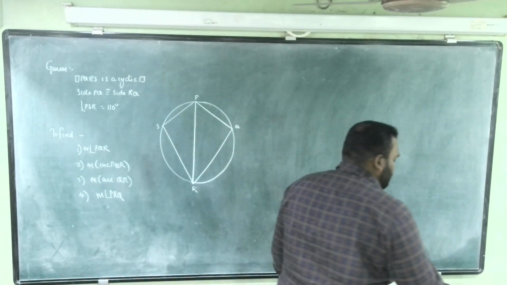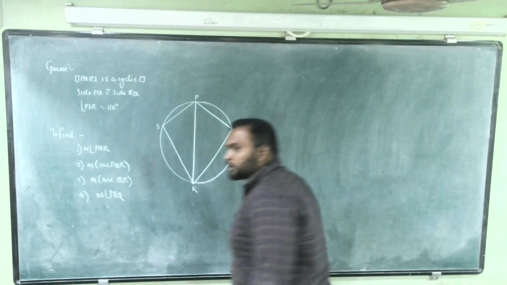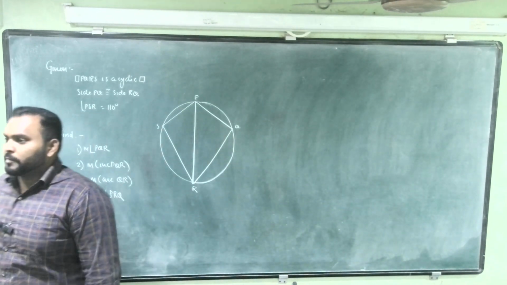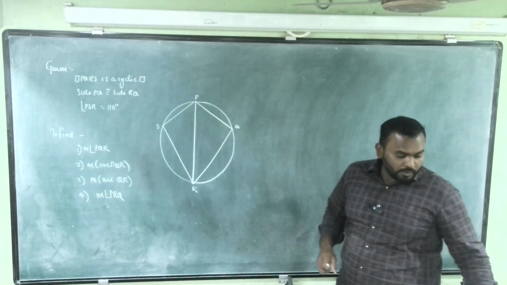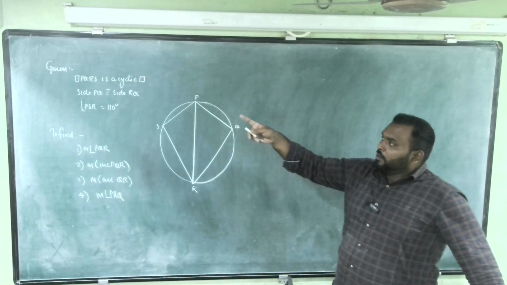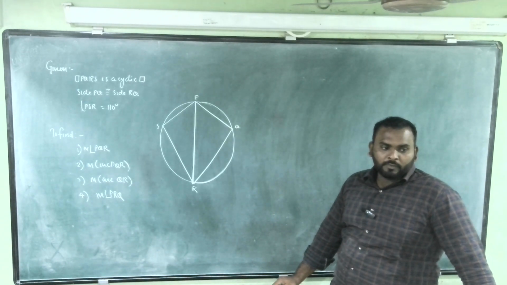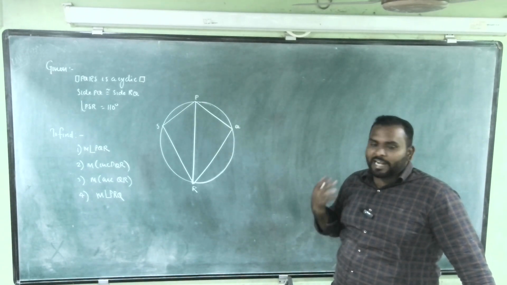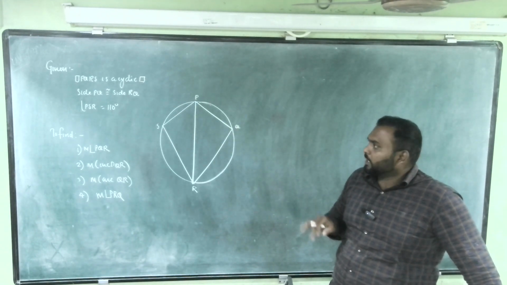Look here, everyone. The figure is visible to you. Okay. Now, where is quadrilateral PQRS? They have already given you that it is a cyclic quadrilateral.